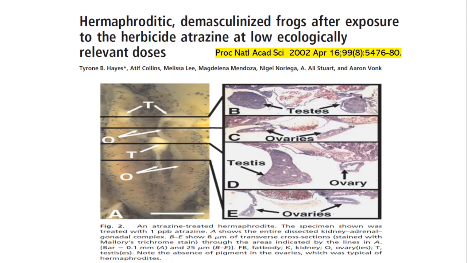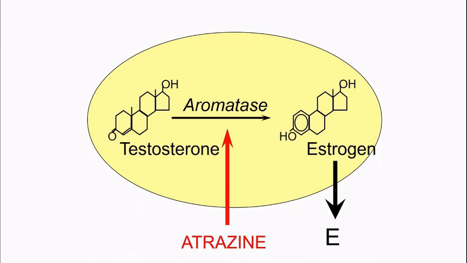In other words, they have both testicles and ovaries, and those individuals are not fertile and cannot reproduce. The mechanism of action is induction of an enzyme known as aromatase, which converts testosterone into estrogen. Estrogen is obviously necessary to produce ovaries and develop the phenotypic characteristics of a female.